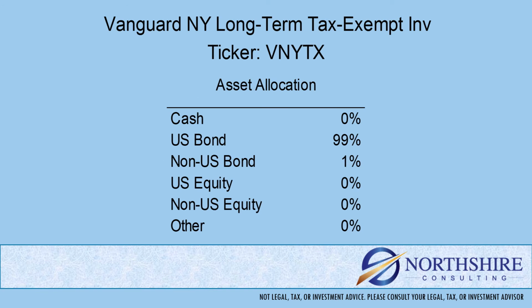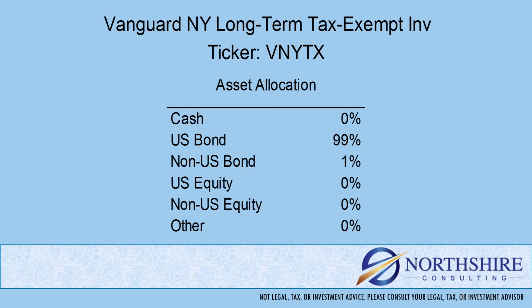When we look at a basic asset allocation like this, there's a couple things that we look at. The first is stock to bond ratio, or equity to bond ratio. So bonds, we have non-US, US, and cash we usually lump into that category as well. So as you can tell by this portfolio, it's more so weighted in bonds than equities. What that means is it's going to be a little bit more conservative.